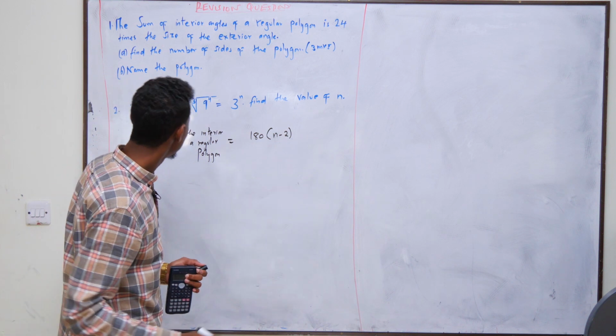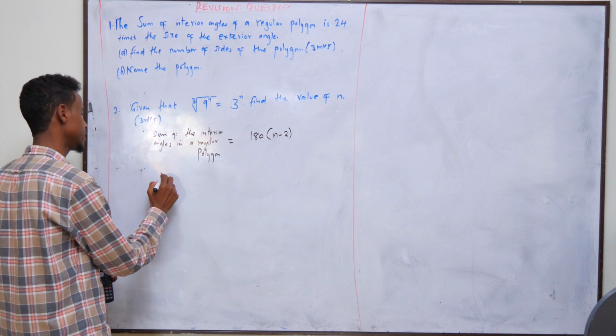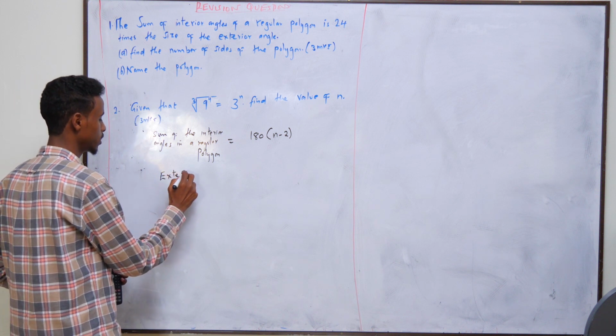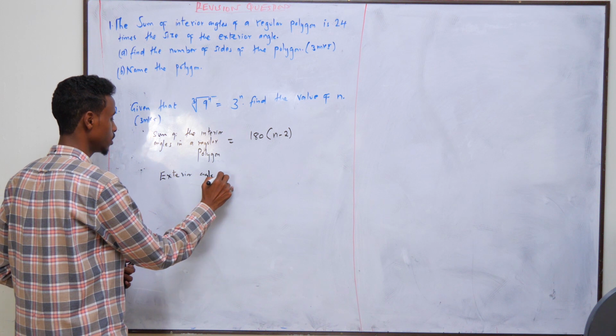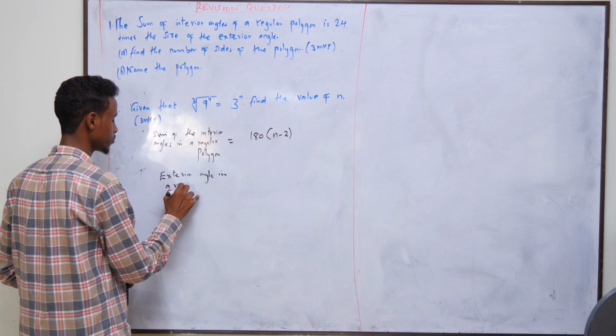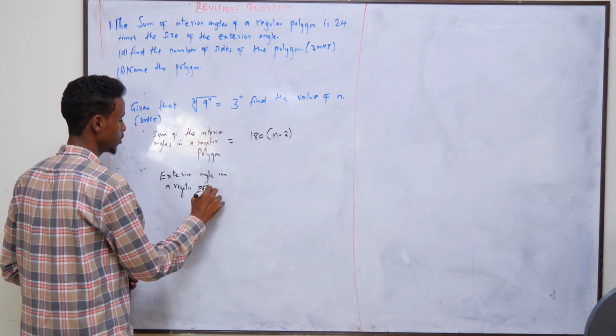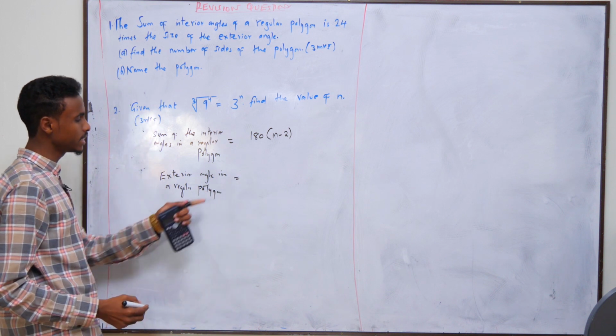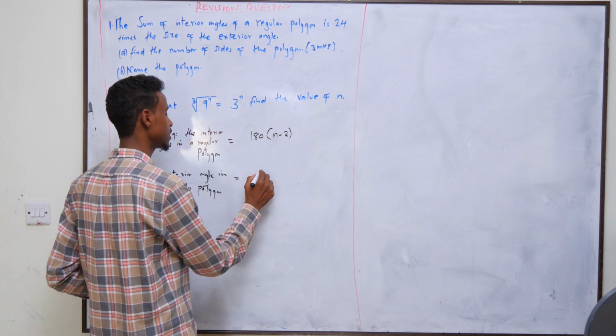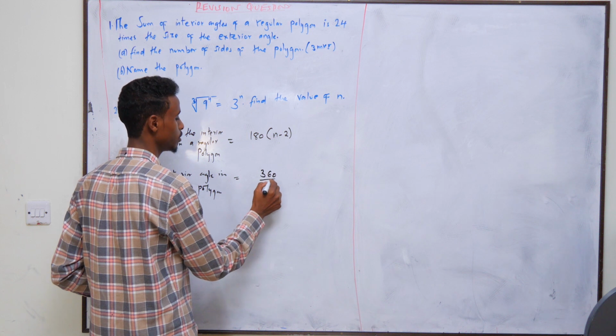That's the formula. Now again, how can you get the exterior angle in a regular polygon, class? The exterior angle in a regular polygon is gotten as 360 divided by n.